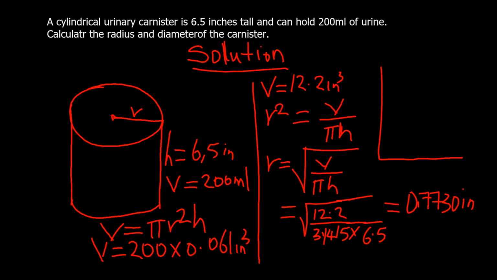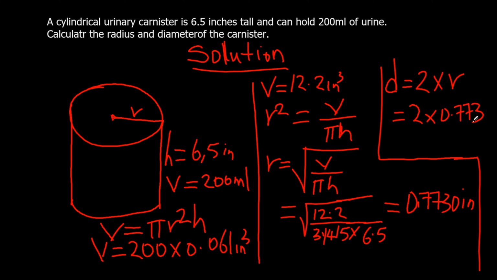So if we want to determine the diameter, the diameter will just be 2 times the radius, which is equal to 2 times 0.7730, which is equal to 1.5460 inch.